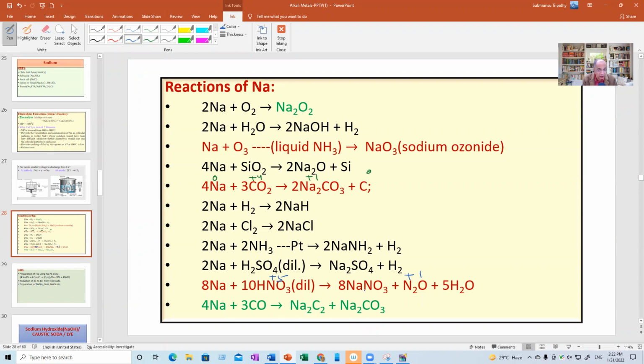Then I counted there will be extra 8 nitrate ions on the right side as spectators. So that has to be made up with this 8 plus 2, 10, and accordingly 5 water. So you must keep a habit of balancing redox reactions by the ON method or any other method which is best suitable to you.